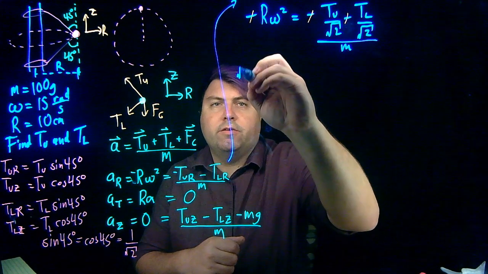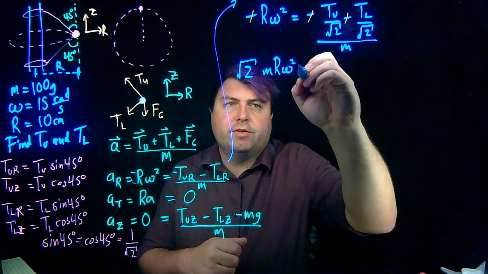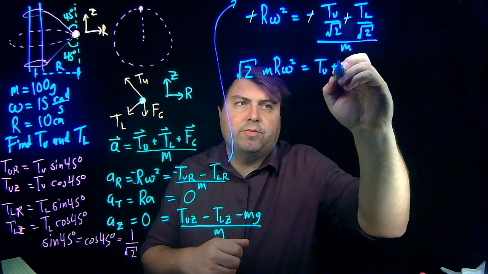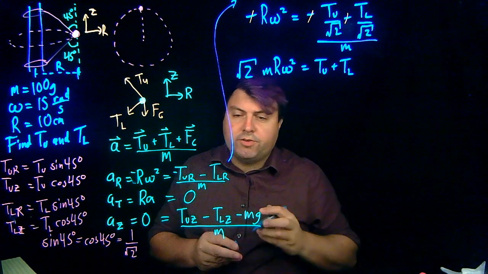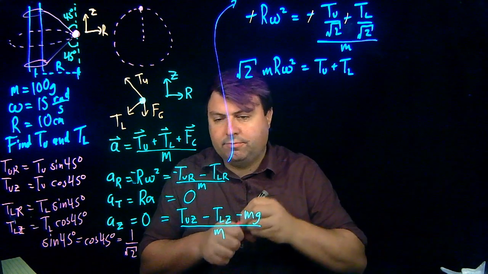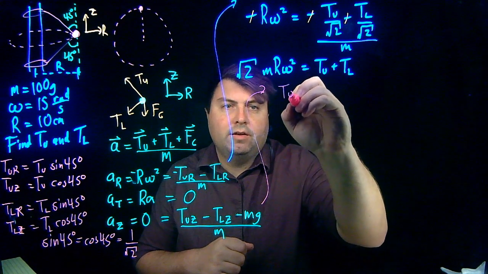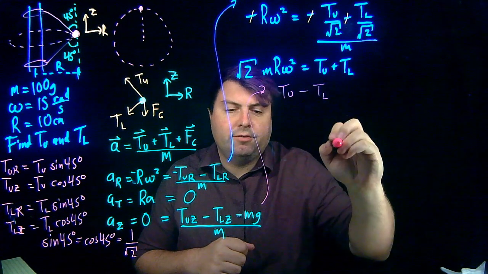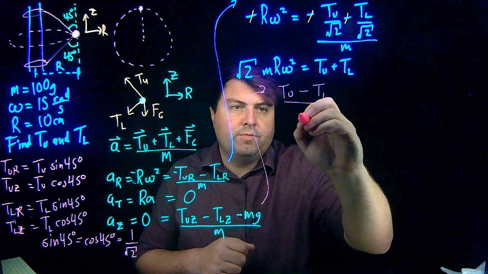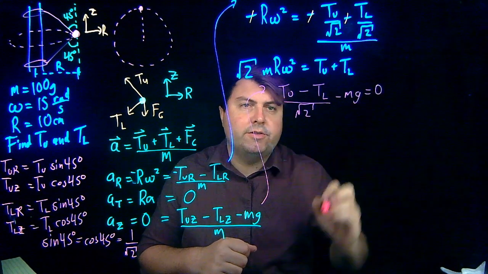And so we get square root of 2 m r omega squared is equal to TU plus TL. We also have in the z direction TU minus TL, both over square root of 2, minus mg is equal to 0.